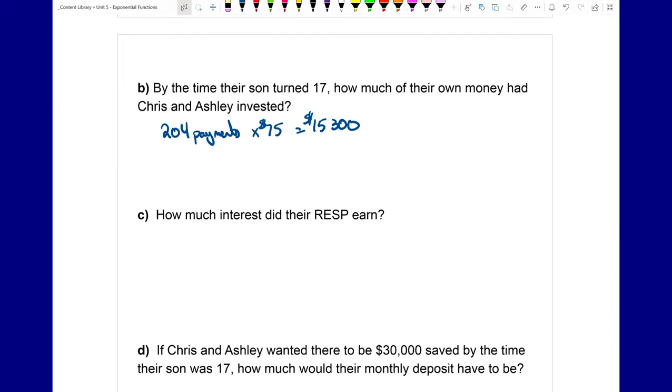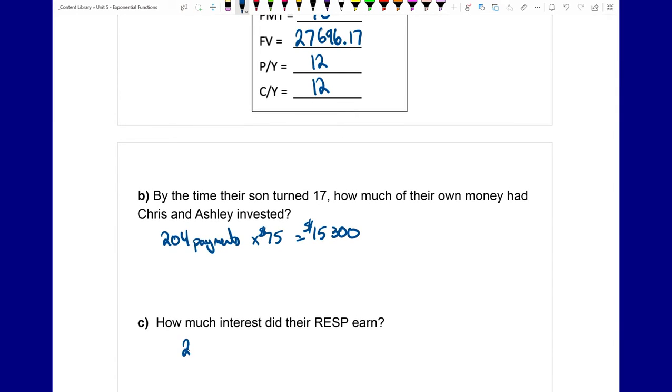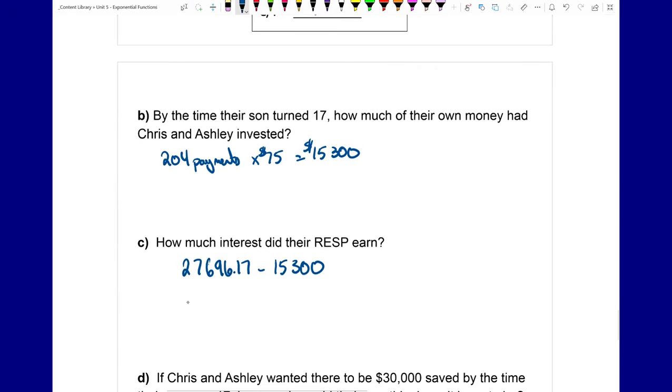How much RESP did it earn? Or how much interest did it earn? Well, if we take the new amount, or how much they have in total, $27,696.17, minus the $15,300 of their own money that they put in, the amount of interest that they earned is $12,396.17.